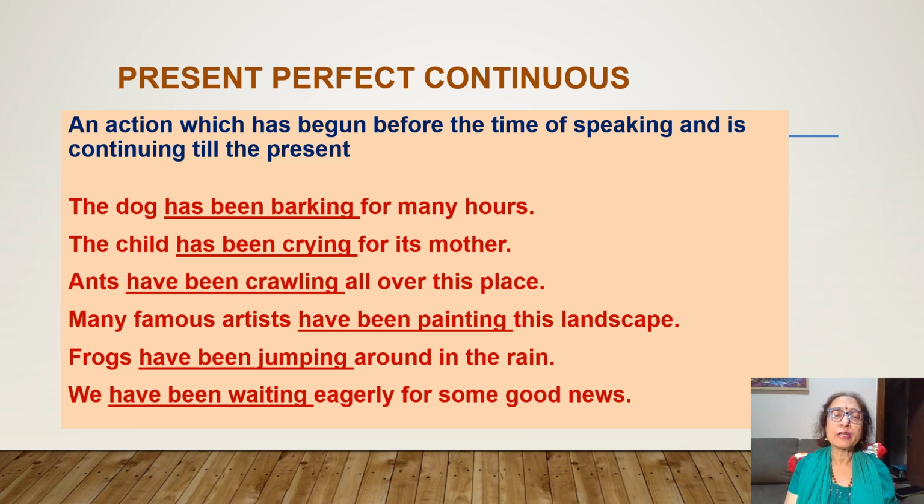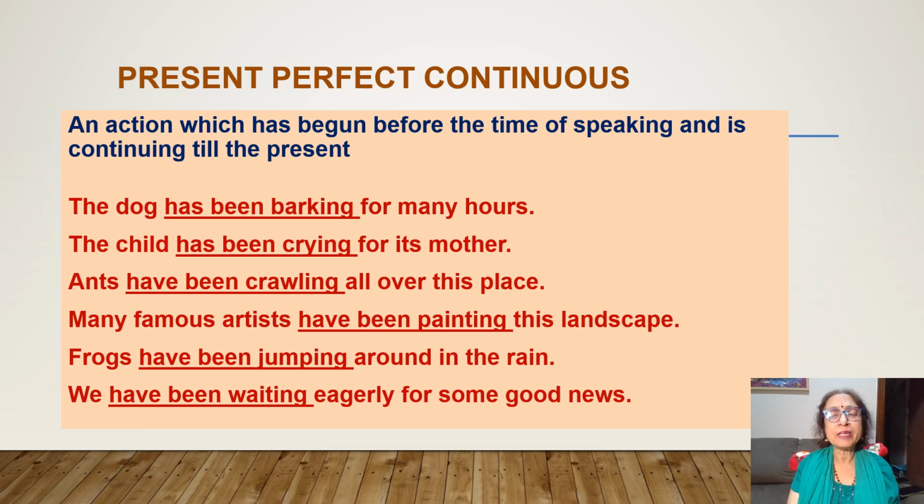Ants have been crawling all over this place. You find that there are ants here, so you use the perfect continuous by saying ants have been crawling. That means you saw it in the past, you're seeing it now. Maybe in the future, the ants will not come here. In certain times of the year, like winter, we don't see many ants.